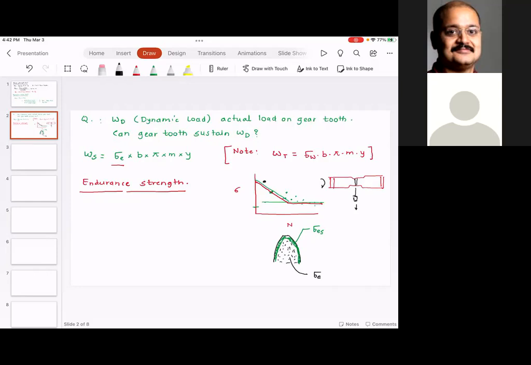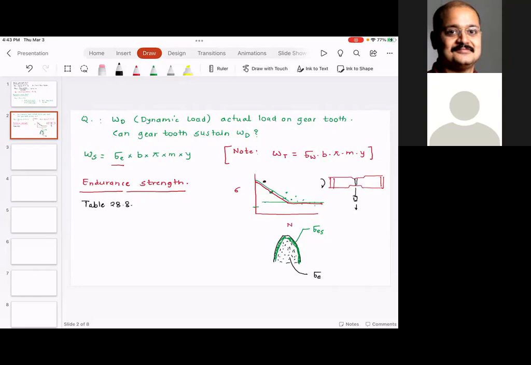So for that, you will use table 28.2, 28.8. This equation will use the values from table 28.8.